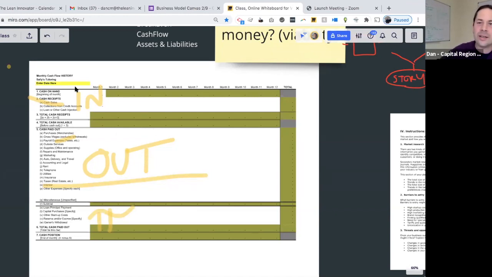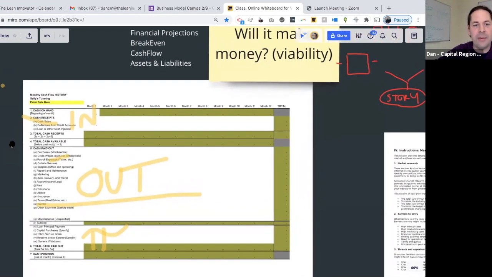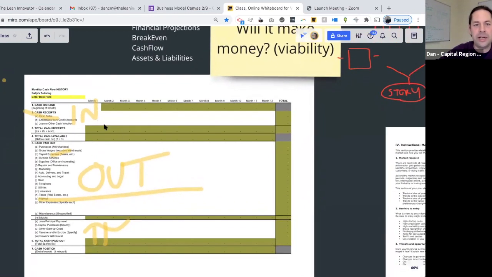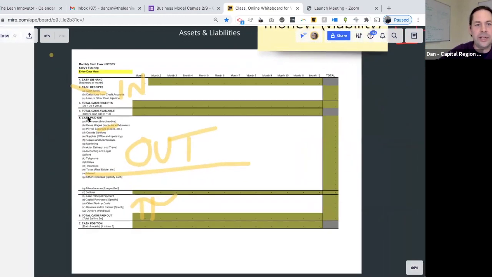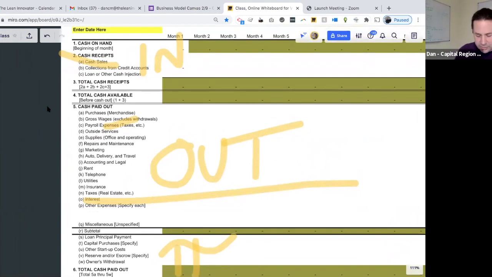Okay, so in other classes, like we actually have at the SBDC, we have a cash flow class, we have a break even class, and really where we're looking at this spreadsheet, we're just breaking it down in terms of numbers and specifics. You'll notice here that there are basically just categories of revenues.